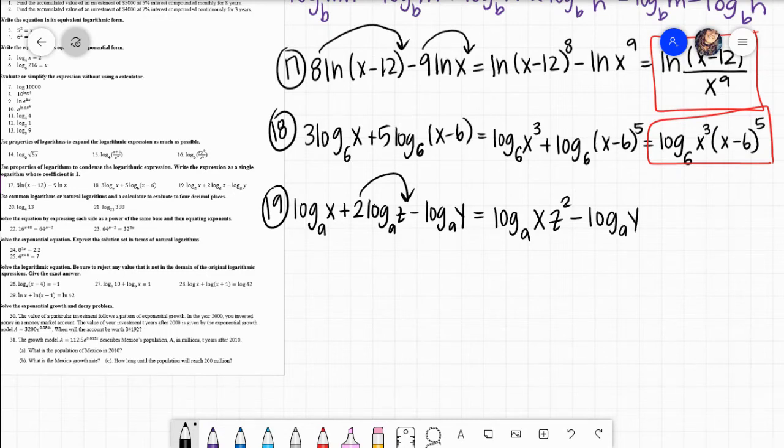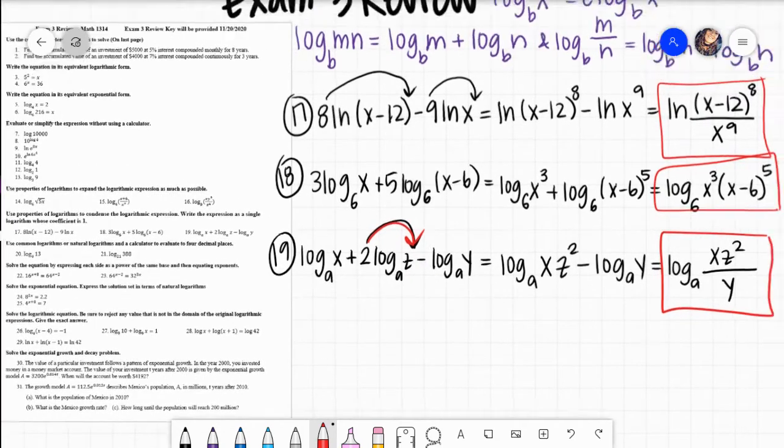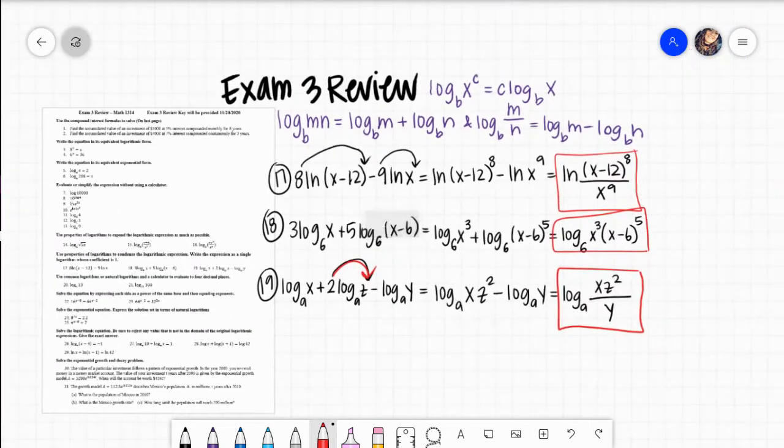Now this difference sign means you take log base a of x z squared as your numerator, y as your denominator, and that is your answer. Sorry, I didn't say that first. I was actually reading something as I was talking. That is how you use the properties of logarithms to condense a logarithmic expression.